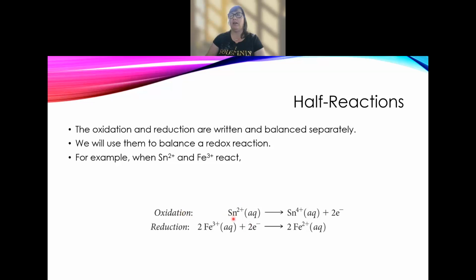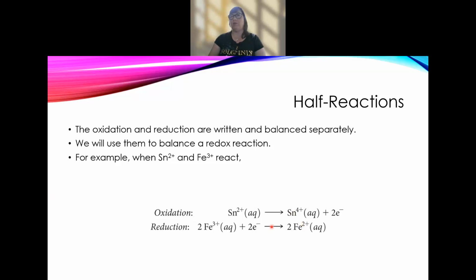We have an oxidation, Sn2+ goes to Sn4+, giving off 2 electrons. And then the following reduction, where 2 Fe3+ plus those 2 electrons goes to 2 Fe2+, right?